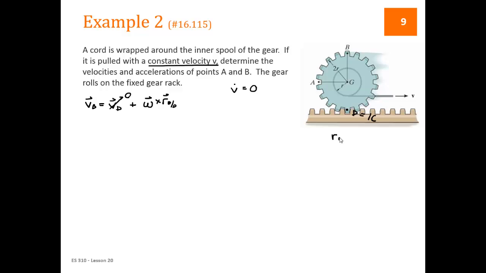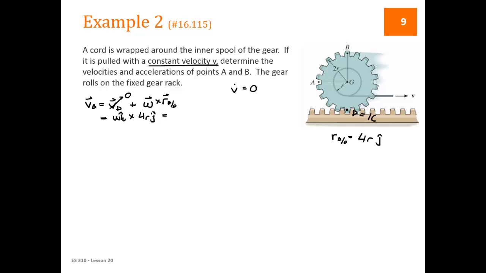What is RBD? Well, RBD is the position of B relative to D. So we start at D, we go to B, we went 2R to get to G, another 2R to get to B. So that's 4R in the positive J direction. Alright, so this then is equal to omega in the K hat direction crossed with 4R in the J hat direction.